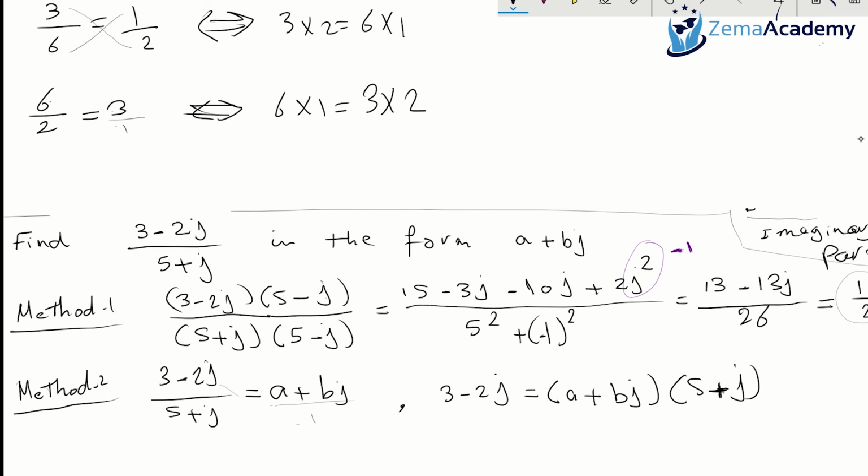So, 3 minus 2j equals, removing the bracket over there, a times 5 is 5a, a times j is ja, bj times 5 is 5bj, bj times j is bj squared.